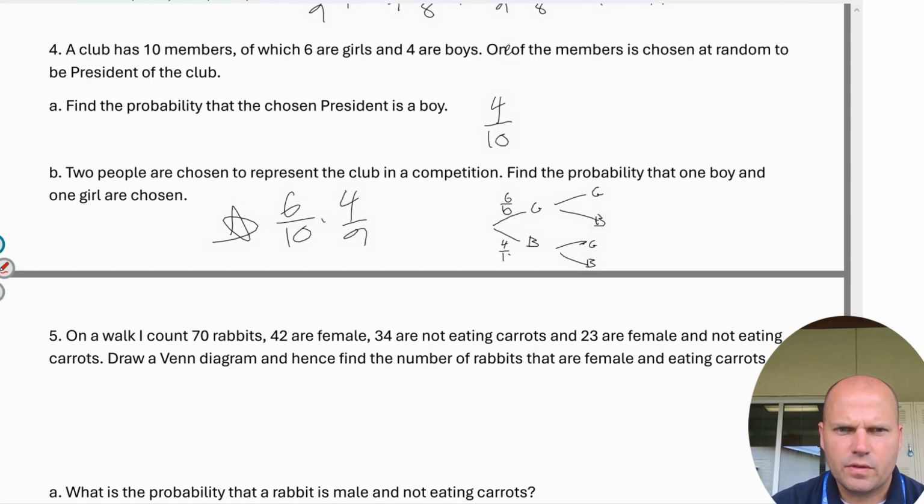Boy, 4/9. Girl, girl, 5/9. Girl, boy, 4/9. Boy, girl, 4/10, 6/9.